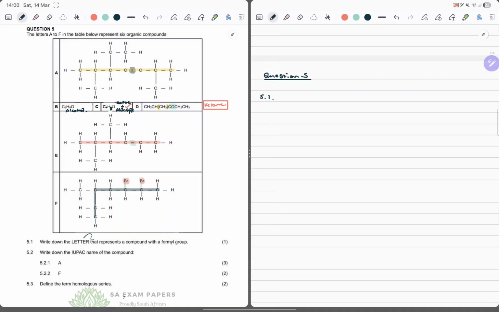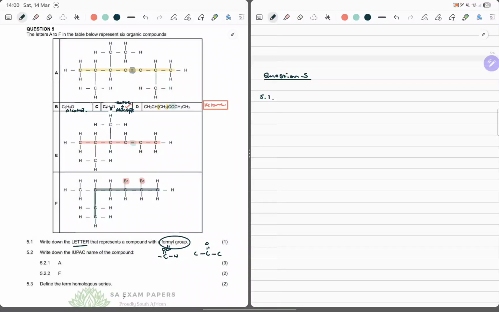5.1. Write down the letter that represents a compound with a formyl group. Now, sometimes the formyl group is not different from the carbonyl group. But we assume it to be for aldehydes, because for ketones we would say the carbonyl group is bonded to 2 other carbons.